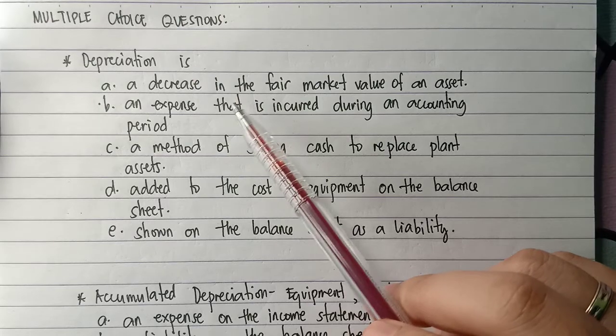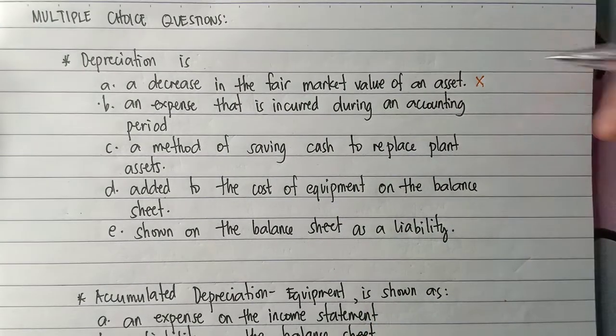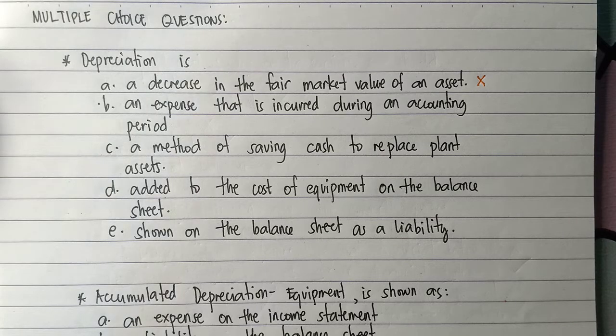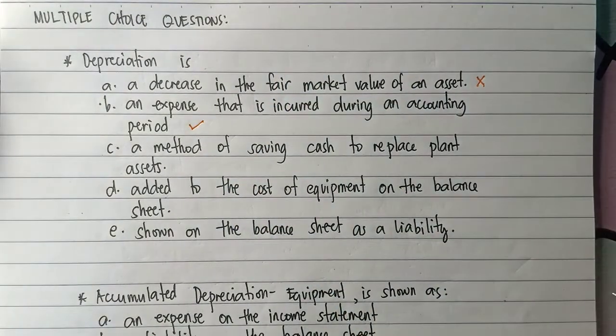Depreciation is a decrease in the fair market value of an asset, which is not correct. Letter B, it is an expense that is incurred during an accounting period. That is correct.